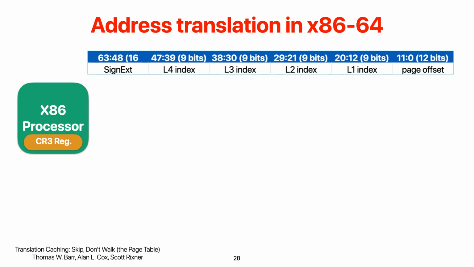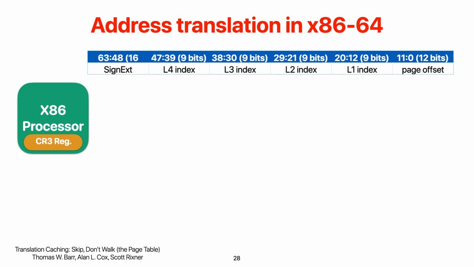In modern x86-64 architecture, the paper that you read this week explains the address translation. Although x86-64 calls itself 64, it actually only uses 48 bits for effective addresses.